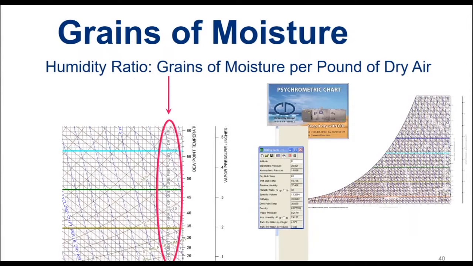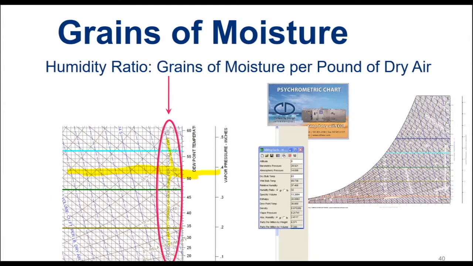On our psychrometric chart, again, the horizontal lines coming across, and if I were to draw a line here, go through the 60 grain, and you can see the grains of moisture per pound of dry air, the words there. So that's 60 grains of moisture per pound of dry air.